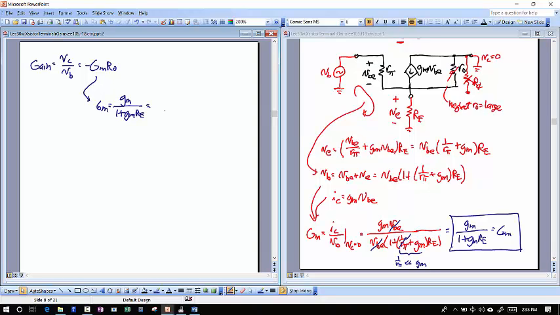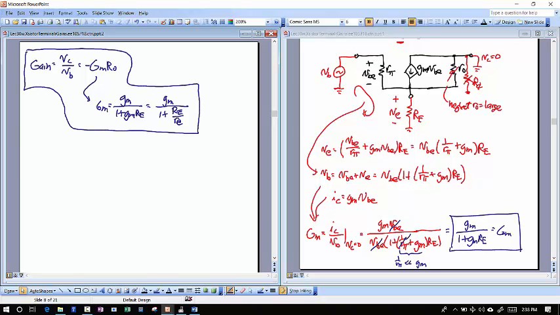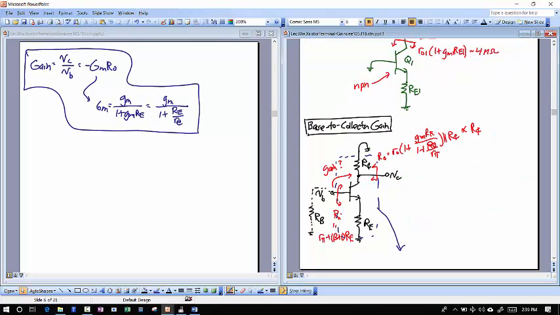Or, if you like this form better, GM over 1 plus big RE divided by little re, where little re is 1 over GM. These are the same things. In the end, this is my total gain equation that I will use whenever I see a bipolar transistor and I want the gain going from base to collector.